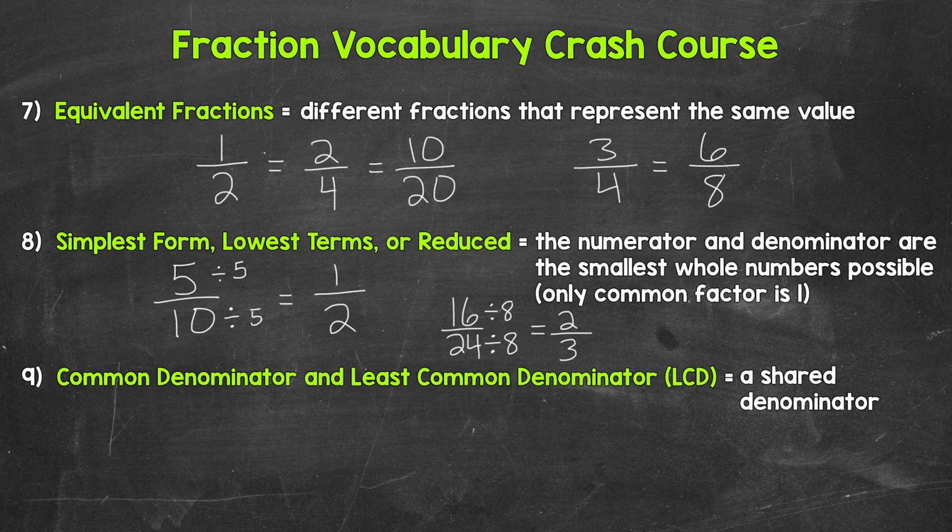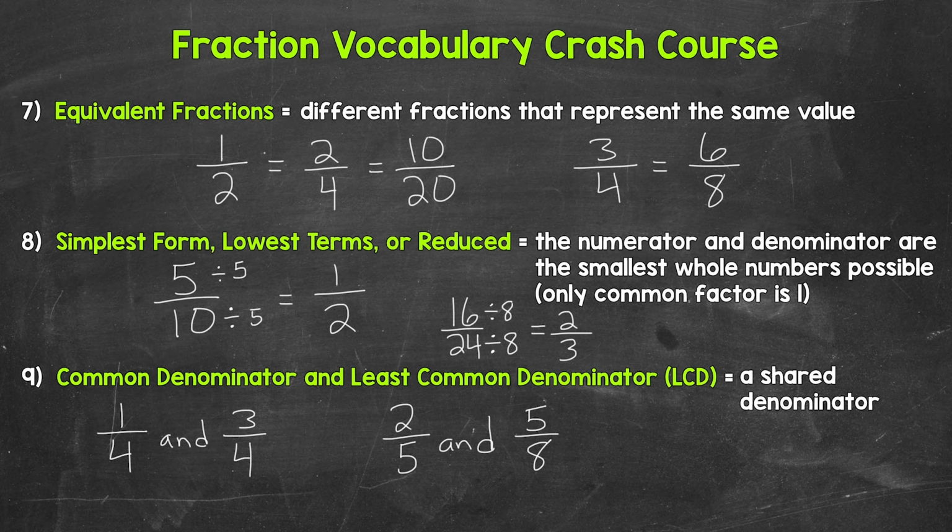And a common denominator is just a shared denominator. So a shared denominator between two or more fractions. The same denominator. So for example, 1/4 and 3/4 have a common denominator of 4. Now do 2/5 and 5/8 have a common denominator?